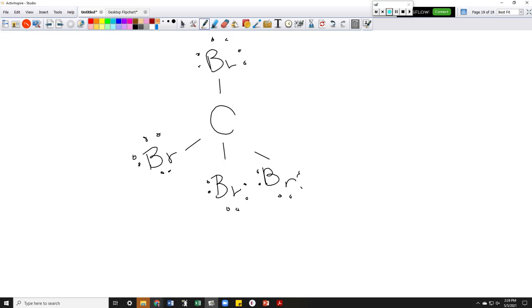So, if those Brs, these red little spheres, are trying to pull that black one closest to it, which one's going to win? None of them. Therefore, if all of the forces pulling in the opposite directions cancel out, then what is the polarity? Non-polar. That part is probably the trickiest, but you have to just look at them over and over again, and it will eventually begin to click.